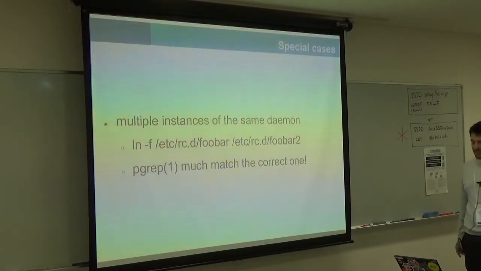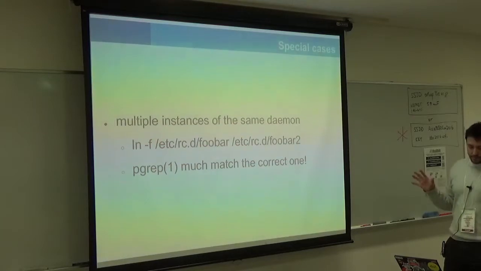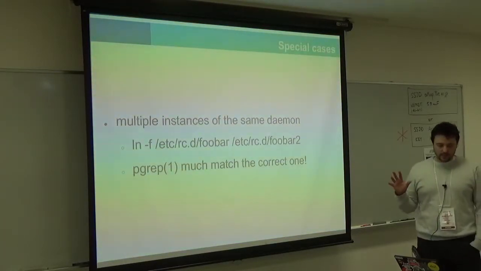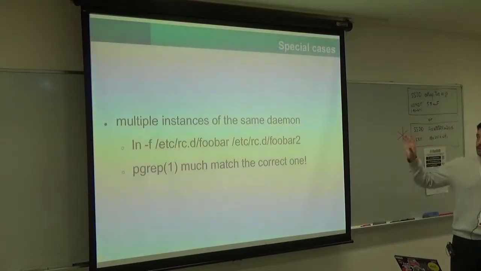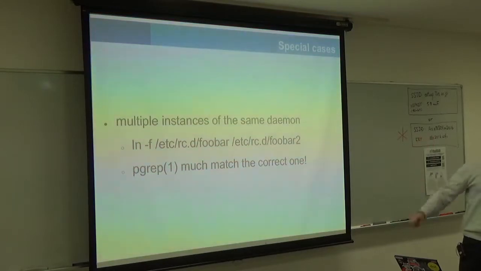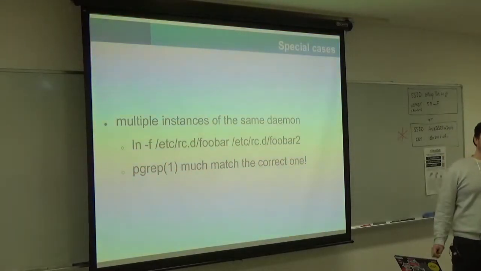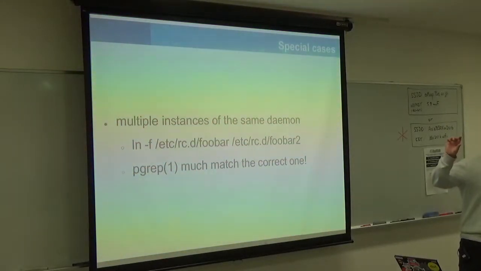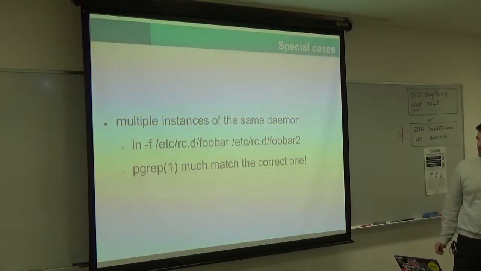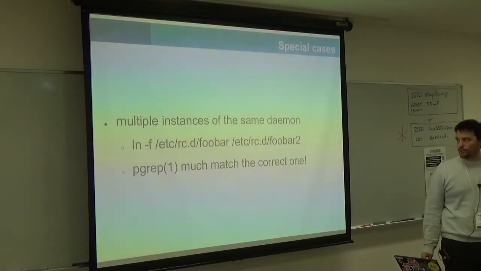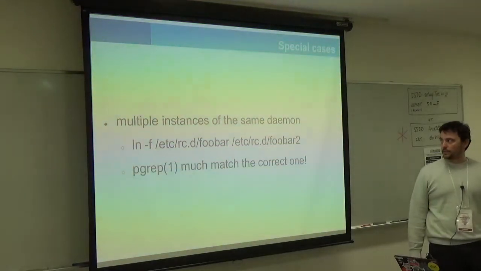So what works in, well, I'd say 75–80% of the cases would be to just link the original RCD script to another name, and you change your daemon flags to put different flags so that it appears different in the process list. So far, that's the only way to run multiple instances of the same daemon.